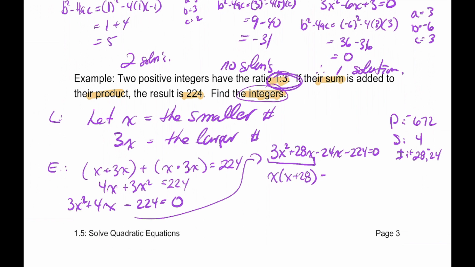And then my guess is I could factor out 8 here. So 224 divided by 8 is 28. So here again, negative 8 is going to be x plus 28. It's equal to 0.